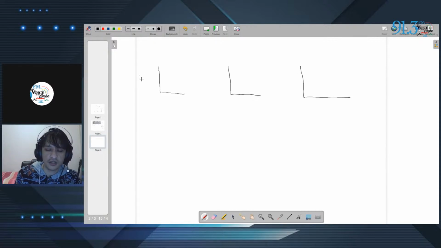The graphs you'll usually see in equation of motion problems or vertical projectile are a position versus time graph, a velocity versus time graph, and an acceleration versus time graph.